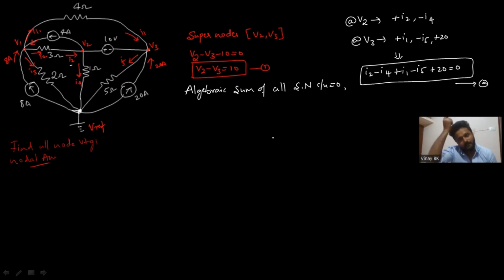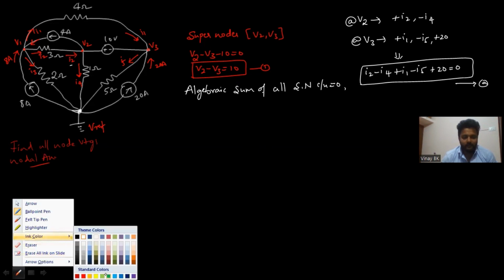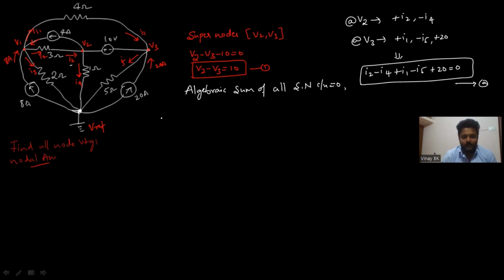Okay. So now let's write the current values. I1 is flowing from V1 to V3. See here, I1 is flowing like this.